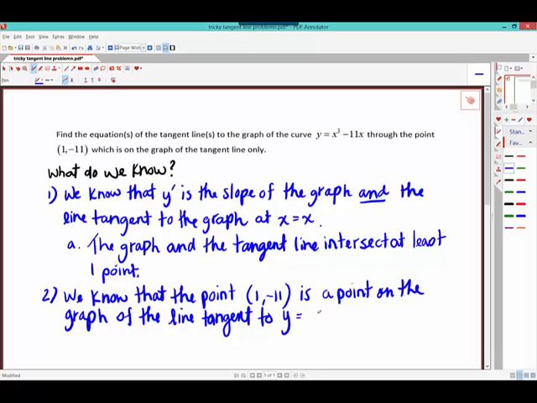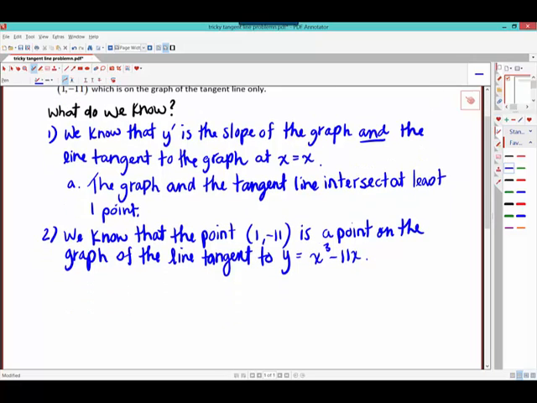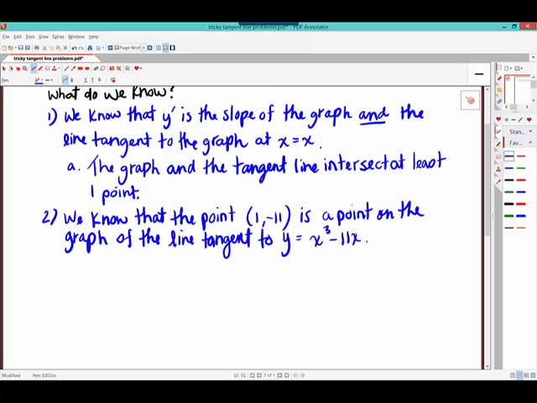Whoops. And that was x cubed, the minus 11x was our original function. Okay, so putting those ideas together, what should we do?